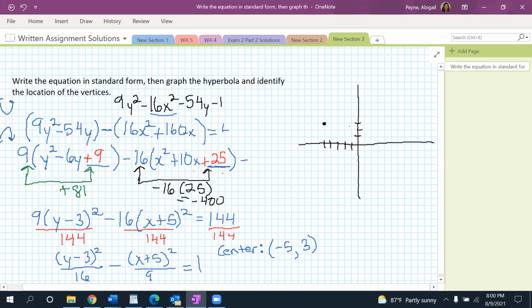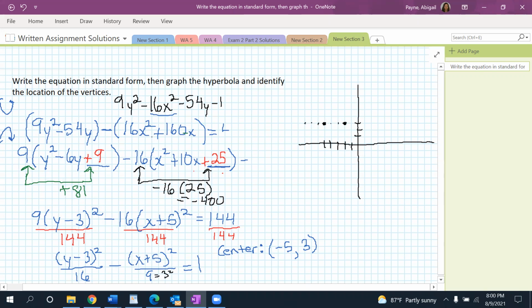Now to graph this hyperbola, first we draw that box around the center. Let me focus on the x expression for a second. Because we have 9 in the denominator under the x expression, that's 3 squared. So I move horizontally 3 units in both directions. So 3 units to the right, 3 units to the left.